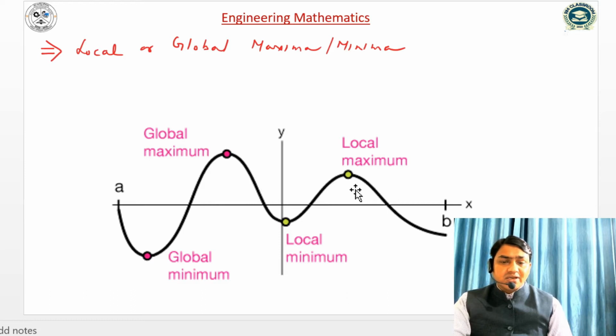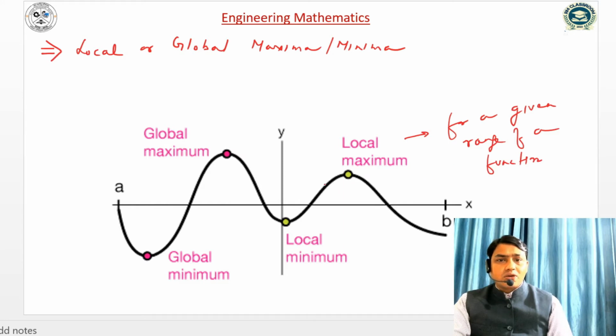Here we can see that for a given range we have the maximum value, so it is called local maxima. The maximum value achieved for a given range of a function is called local maximum.